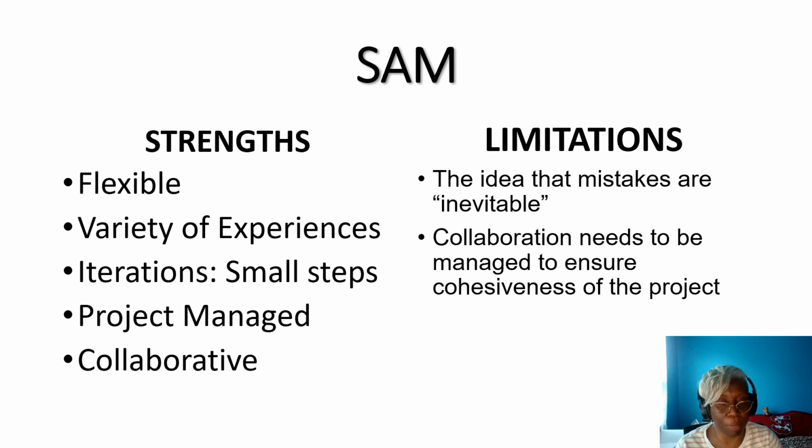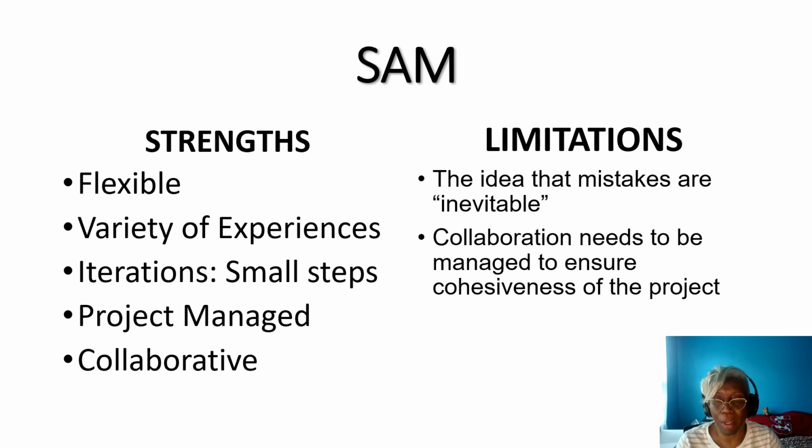And so again, talking about collaboration, those are some of the strengths. And some of the limitations are thinking about the idea that mistakes are inevitable. Yes, they're going to make mistakes. There's going to be different points of view, particularly if you have a group of experts, if you will. So while there may be some consensus, there might be some varieties of consensus, and that could lead to those mistakes.